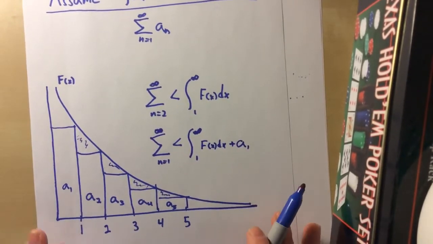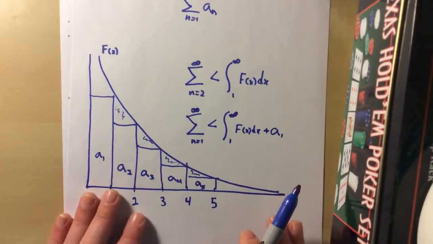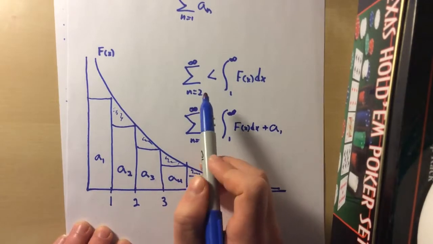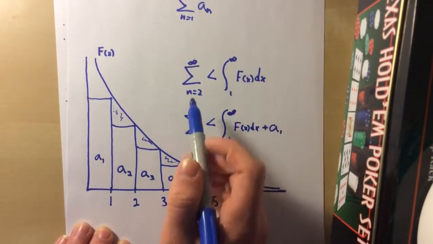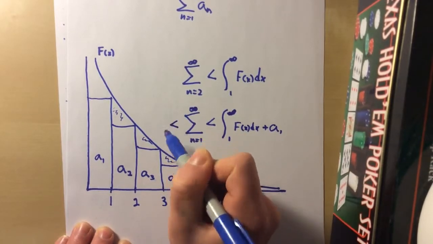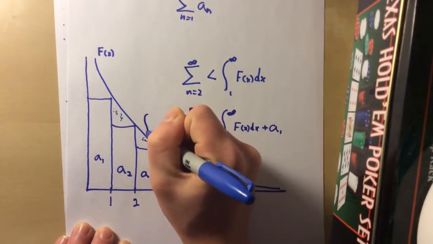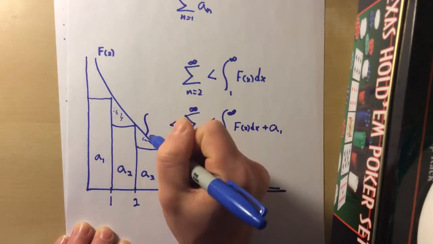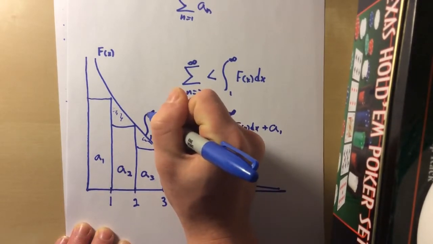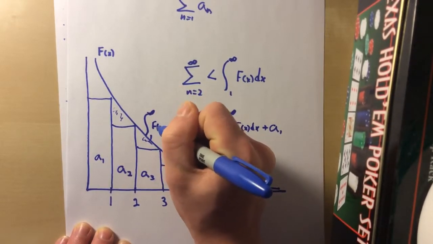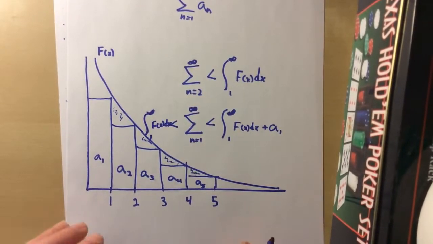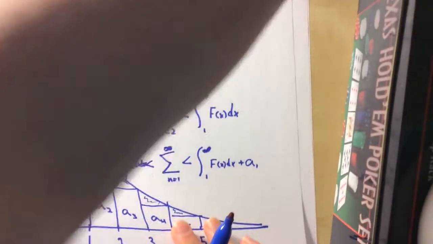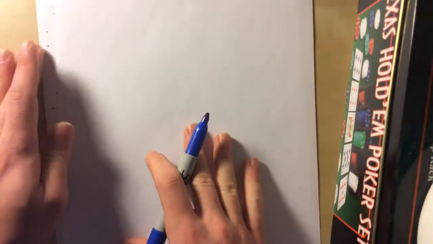And the lower bound, well, what we can tell is, if this is less than the integral, then our lower bound will just be the integral itself. So the integral from 1 to infinity of f of x dx. And I'll rewrite that again a bit nicer.